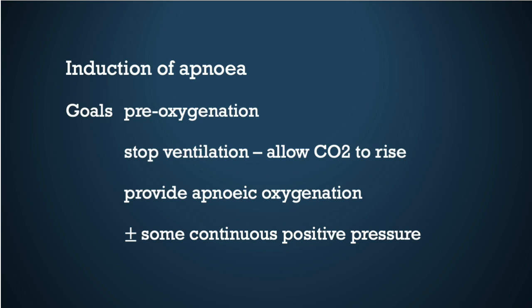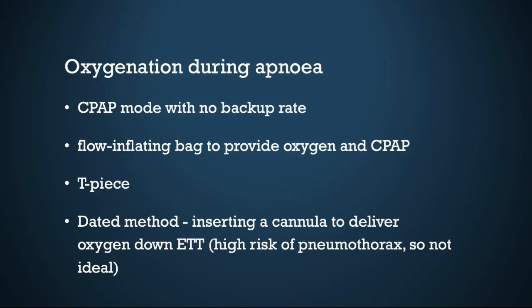And you can do this by providing some continuous positive pressure to prevent derecruitment of the lungs. There are a couple of methods of providing continuous oxygen during the apnea. Turning the ventilator to a CPAP mode with no backup rate, which is kind of difficult because most ventilators will kick in with a backup to make sure that the patient gets adequate tidal volumes.